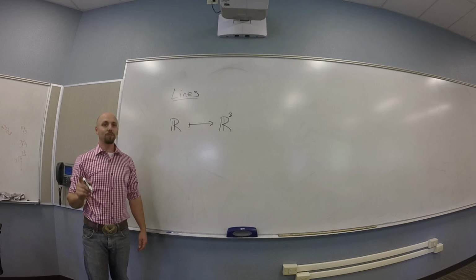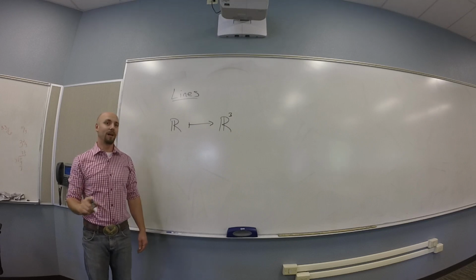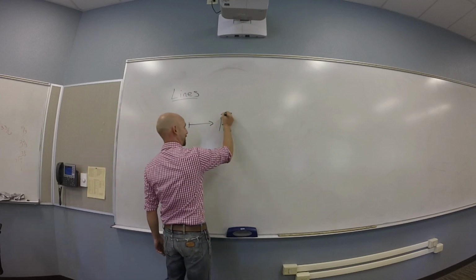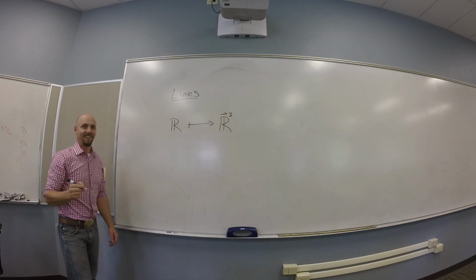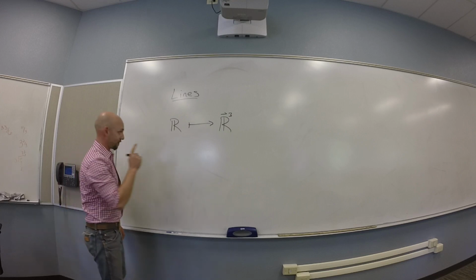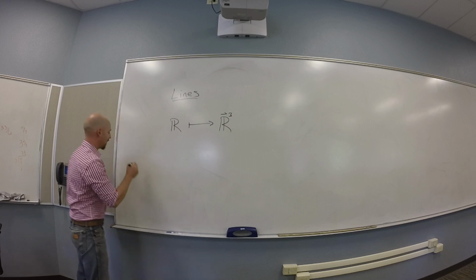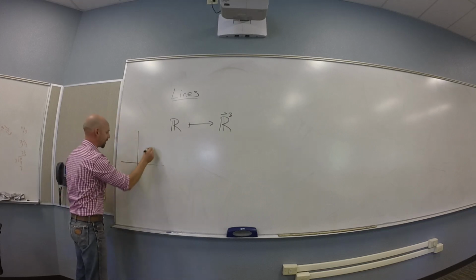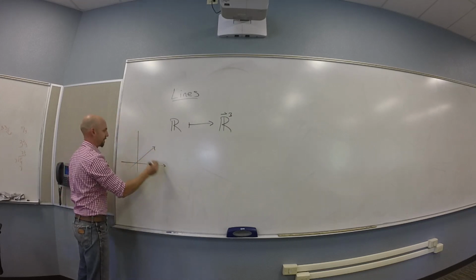In order to accomplish this in the easiest possible way, I'm going to put a vector hat on here. That is simply for ease of use. Okay? So, here's my idea. I'm going to think to myself, here's R3.